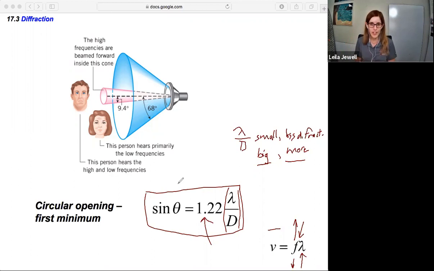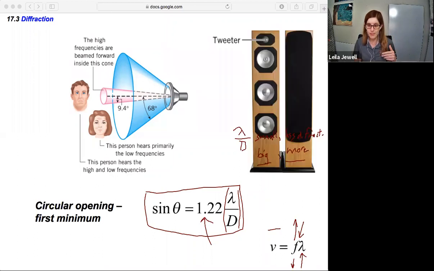Well, this is why audio systems have speakers with different diameters, right? And if you think of a high-pitched speaker known as the tweeter speaker, it has a diameter that's set so that this lambda over d ratio isn't quite as small, right? To make it bigger, if we have a small wavelength, we're going to need a smaller diameter as well. And so that's exactly how tweeter speakers look, right?